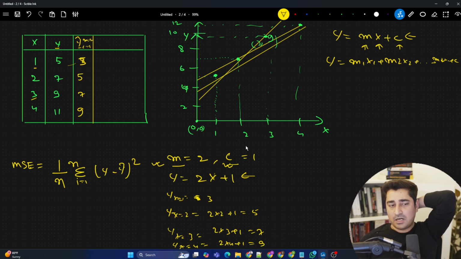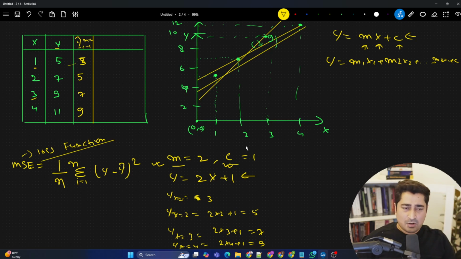This is a loss function. This loss function is going to tell you the total loss that you are getting when you have a difference between y and y hat.